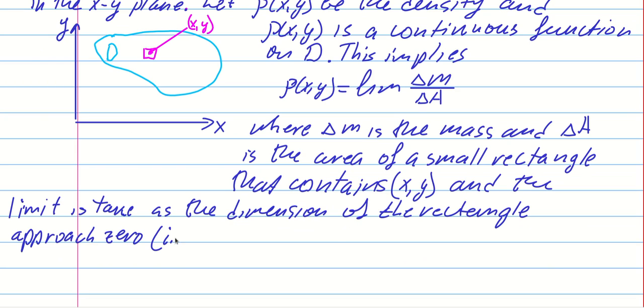So what do we mean? We mean delta x goes to 0 and delta y goes to 0. So that's our initial approach.